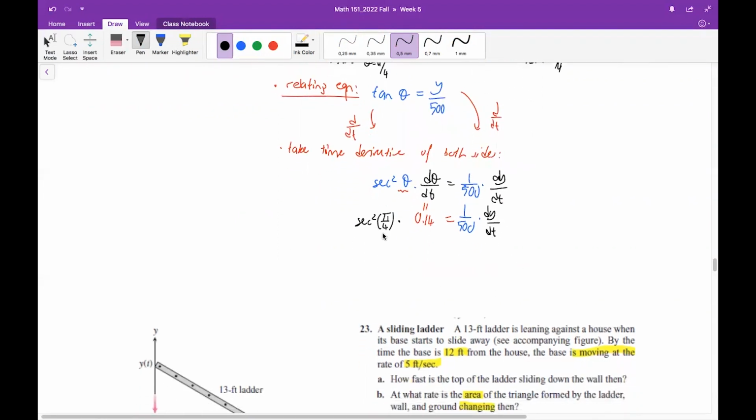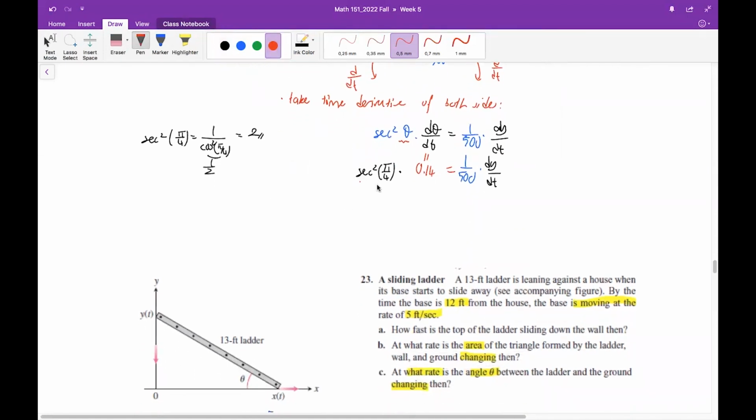What is secant squared pi over 4? Okay, let's handle it here. Secant squared pi over 4 is 1 over cosine squared pi over 4. Okay, and cosine squared of 45 degrees is what? It is 1 over 2. That's why this is computed as 2.